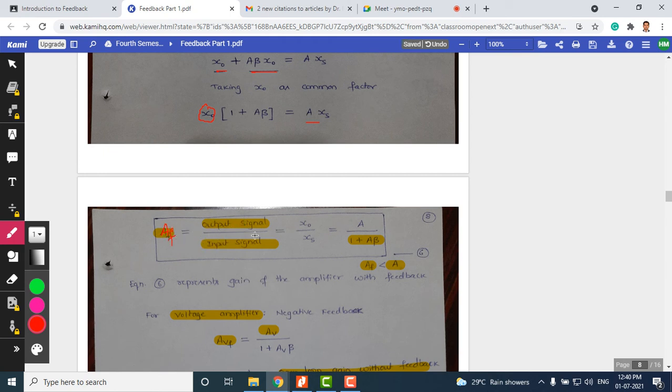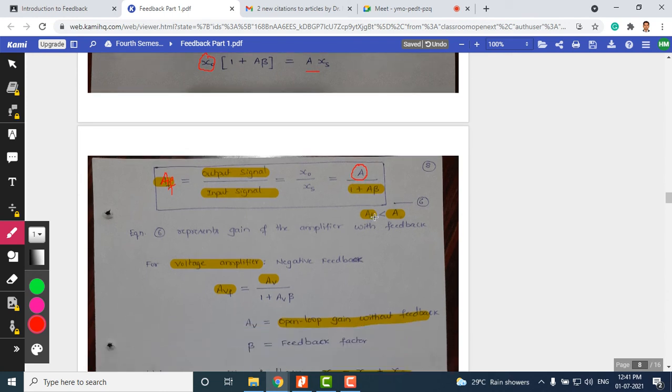The output signal divided by the input signal for the feedback network is nothing but x naught by xs, which is equal to A, and in the denominator we have 1 plus A beta. That is going to be the gain of the feedback amplifier.